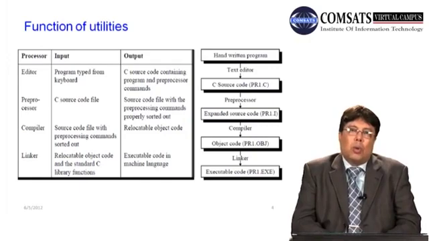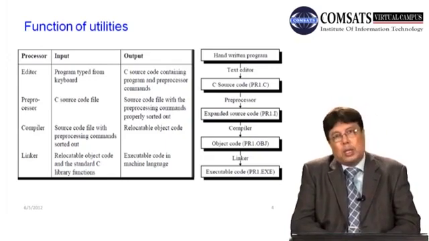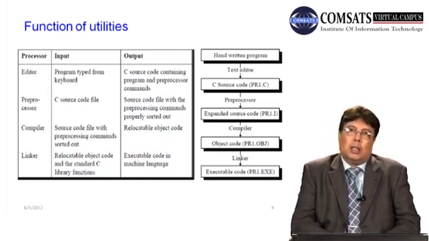When we build the source code, step number one, there is a utility which is called a preprocessor. This preprocessor utility picks up the source code that you have produced by using the editor, and the output of the editor is a file, whatever file name you have given to it, .cpp or .c, confirming that it is the source code.